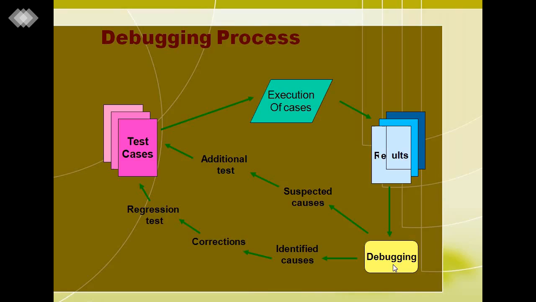After doing the debugging in software engineering, they can identify causes, corrections and regression test, and move to the test cases. So the debugging process goes from test cases to the result, and after the result we will start debugging through various processes, like suspected causes, identified causes, additional test, corrections, and again we will apply the regression test. On the basis of this we will start the debugging process.